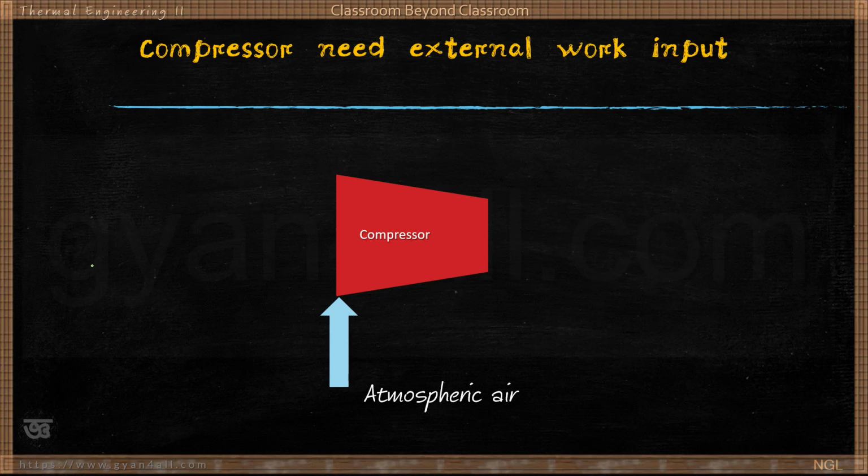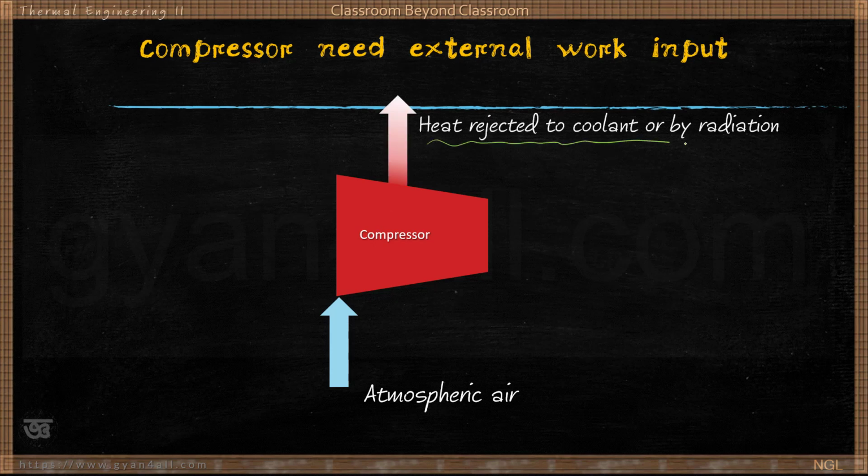Now we all know that when we compress air, the pressure increases, the volume decreases, and in this process the temperature increases according to the gas law. So if we compress air, definitely the temperature of the compressed air will be high. Out of this heat, a part will be rejected by radiation itself, or we can arrange some cooling arrangement also.